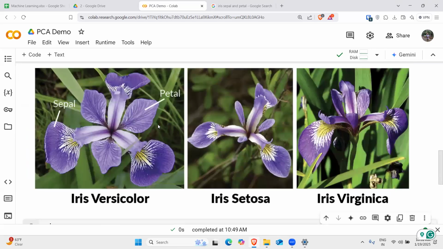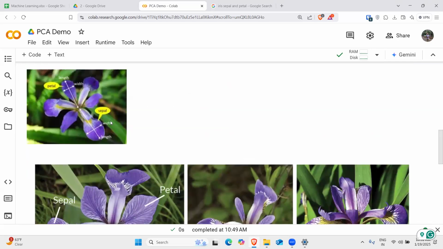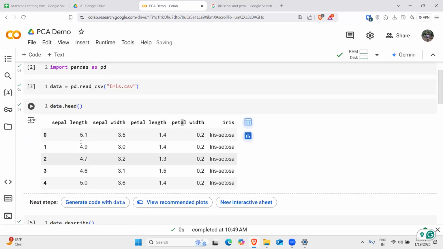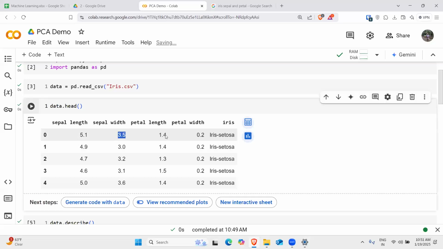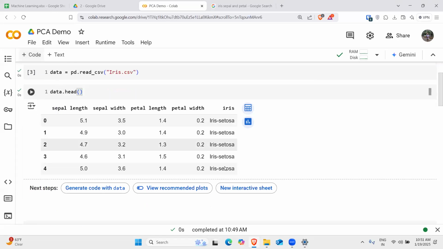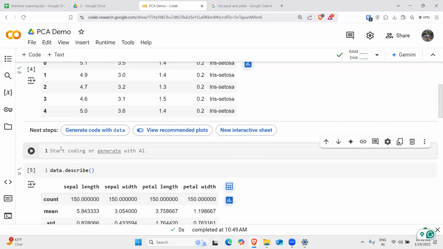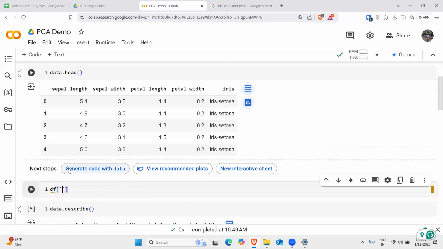Depending upon the sepal length, sepal width, petal length and petal width, we have already collected the data set. If sepal length is 5.1, sepal width is 3.5, petal length is 1.4, and petal width is 0.2, then your iris flower is Setosa. Here we are not getting to see the different species, but we have that data set.